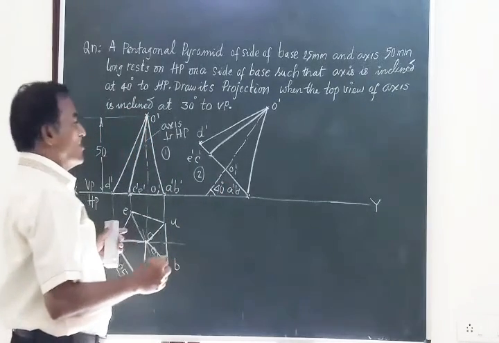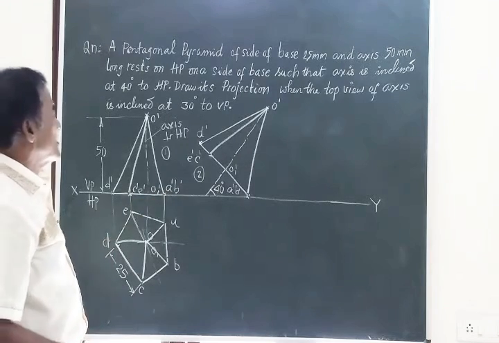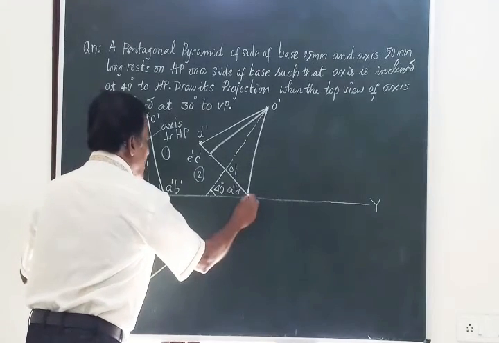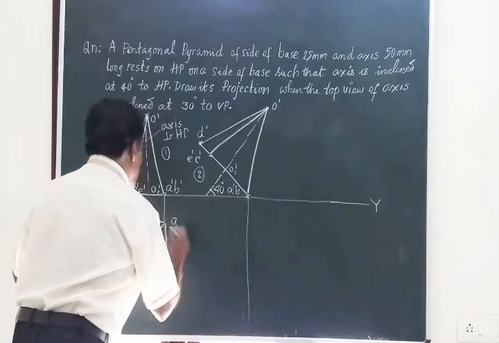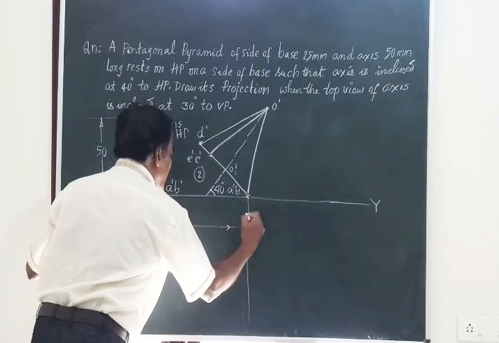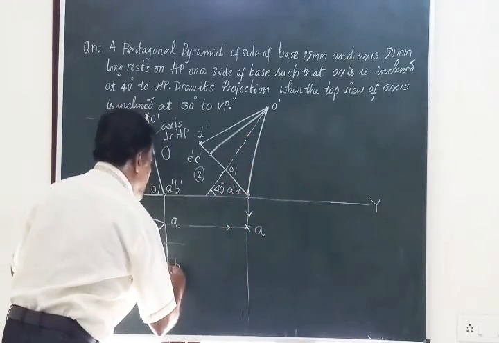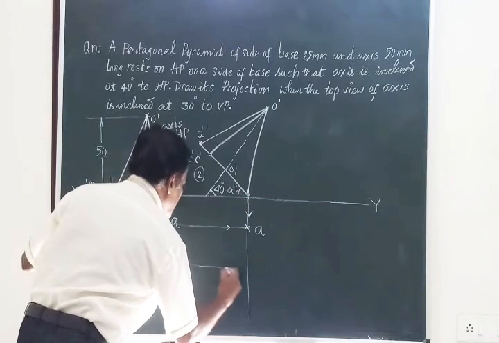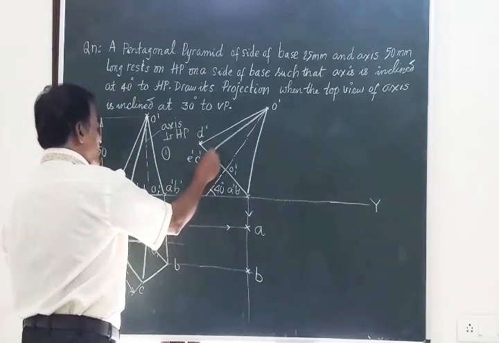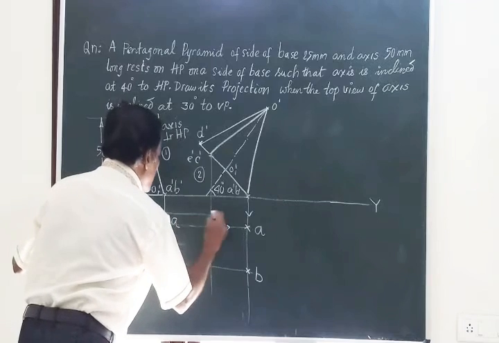Now let me get all the 5 corners of the base starting from the side AB. So to get that, the procedure we follow is draw a vertical line from A, horizontal line from here. The point of intersection of these two lines will give you A. Likewise, obtain B. Vertical line from B, the horizontal line from B. This point is B. Likewise, you get C and E. So C and E, E will fall on this.